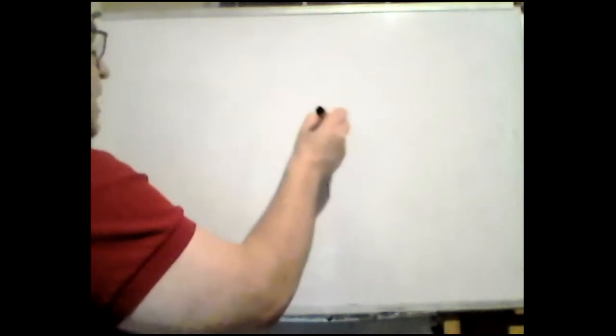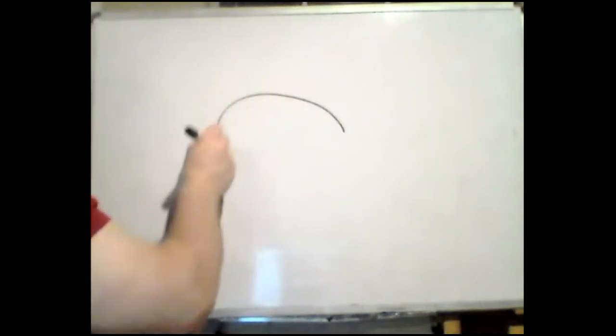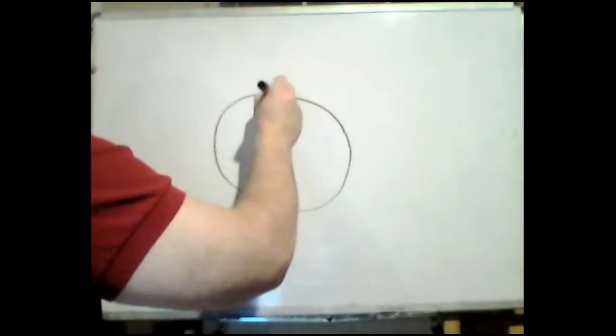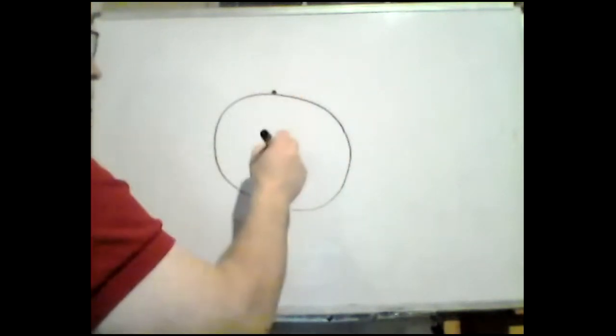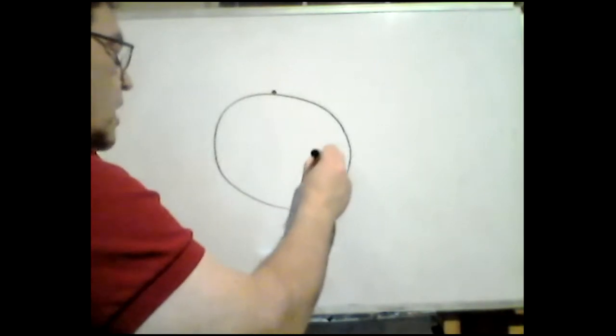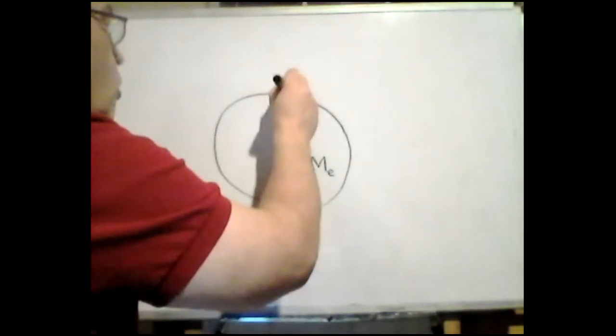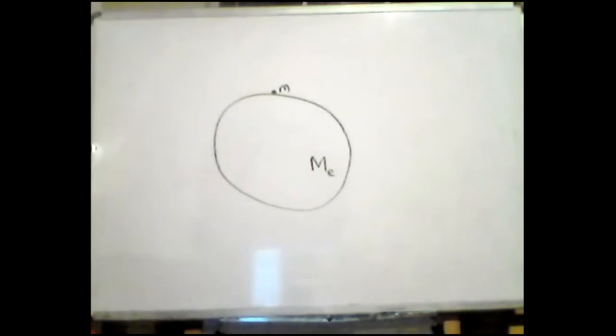We can almost think of a flat Earth to some extent, but let's just say we have a huge Earth. And whatever mass, maybe it's you sitting on top. So the Earth, as I said, has this giant mass m sub e. And you or whatever has a little mass m.